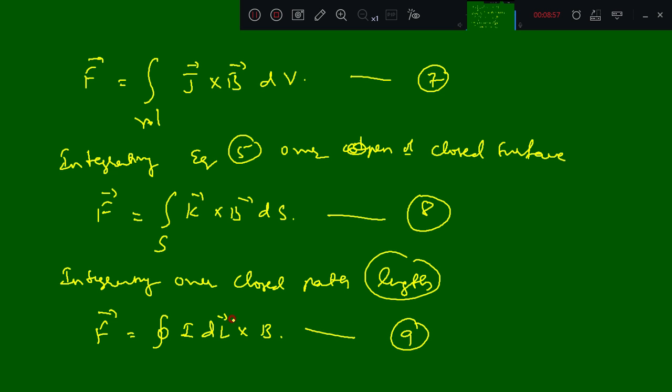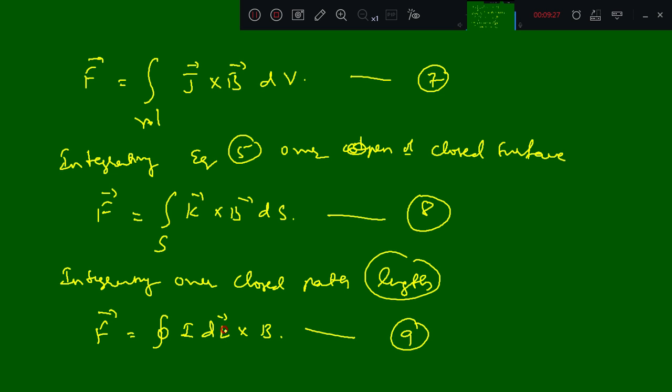We can see that the magnetic field developed by the current element I dL does not exert a force on the element itself, similar to a point charge not exerting a force on itself. The magnetic field B is always external to the current element I dL.